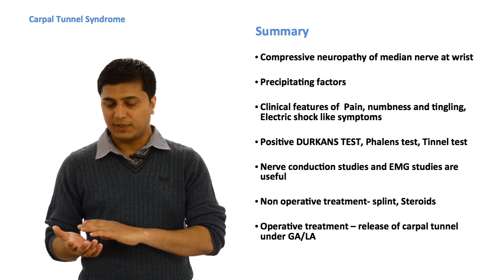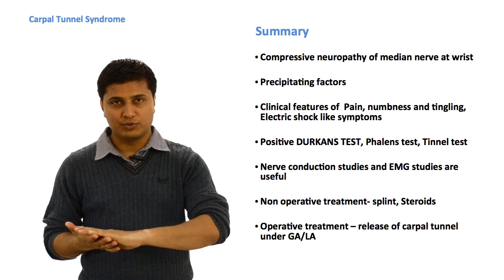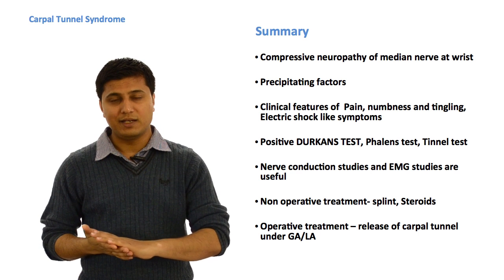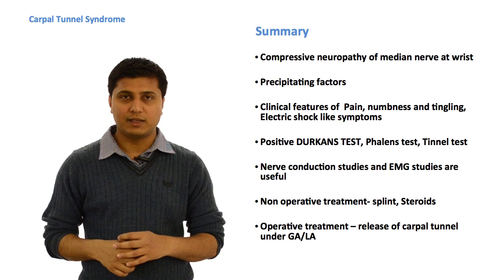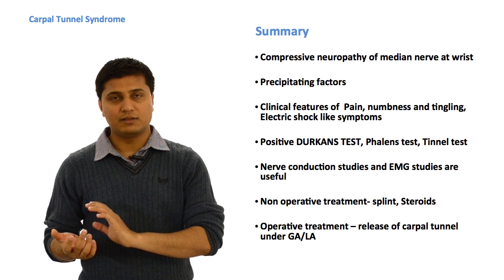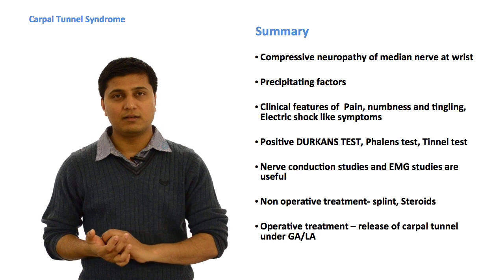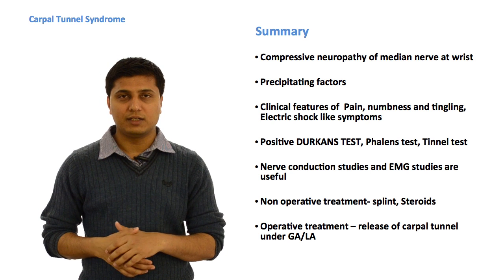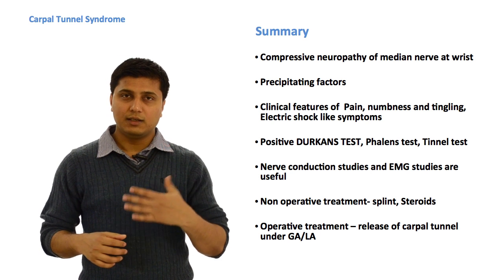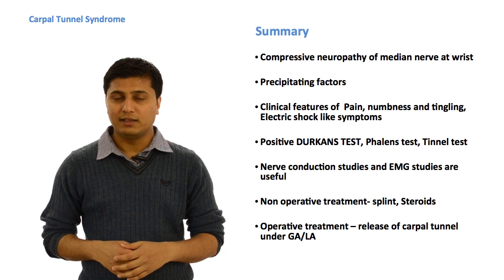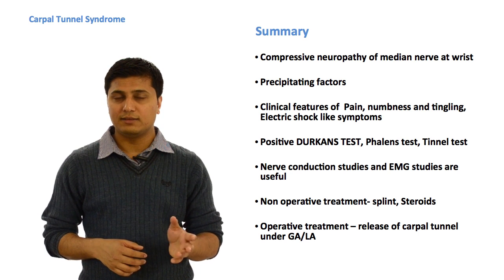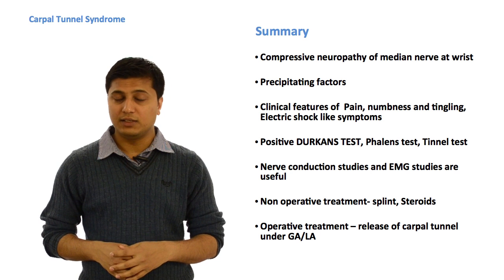Clinical features include sharp shooting pain across the distribution of the median nerve. There may be numbness, and there may be weakness of grip strength. Tests such as the Durkan test, Phalen test and Tinel test are confirmatory tests which are useful in carpal tunnel syndrome. Nerve conduction studies are useful, which show increased sensory as well as motor latency and decreased velocity.